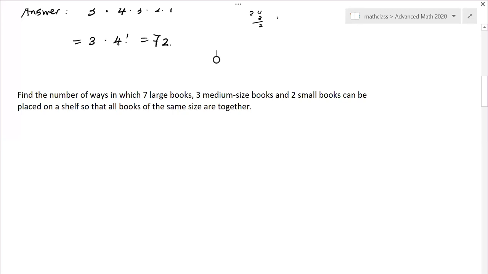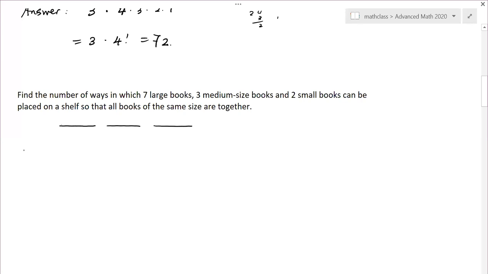Okay, I got one answer from a student. So how do we do that? I think step one, you have to decide the order of the larger books, the medium books, and the small books. So there are 3 groups of books here, right?